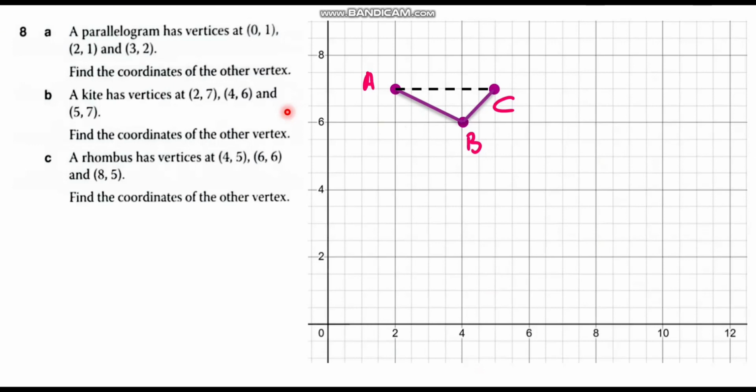If I join the diagonal in a kite, the other point will have the same distance from the line as point B has. Let me decide the other point. So the other point should be marked over here because now it has the same distance from the line as B has. So if I join these points, I will get a kite over here. So it means that the last coordinate exists at (4, 8). So here D is actually (4, 8).